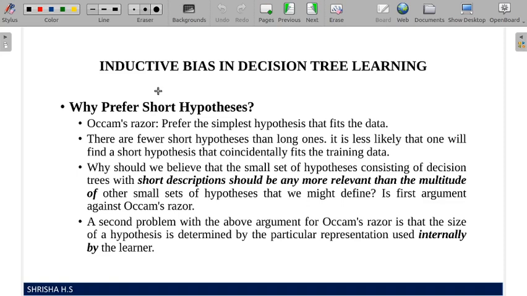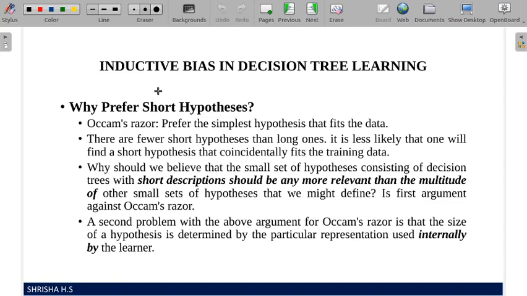Now the question arises: is a shorter tree really good? Is an elaborate tree needed, or are shorter trees fine? Is it a good basis? Is our inductive bias good? These are the questions. So first, shall we prefer a shorter hypothesis? Here the hypothesis is represented by a tree, so shall I prefer a short tree? We can ask that question, right?